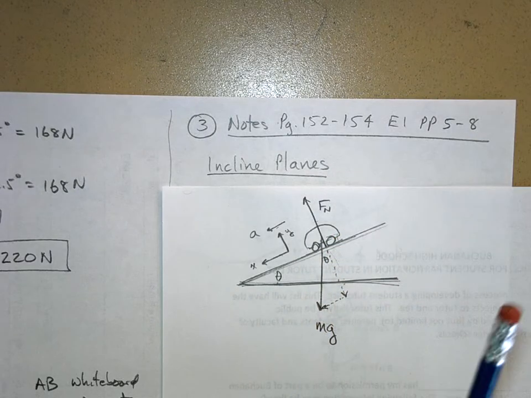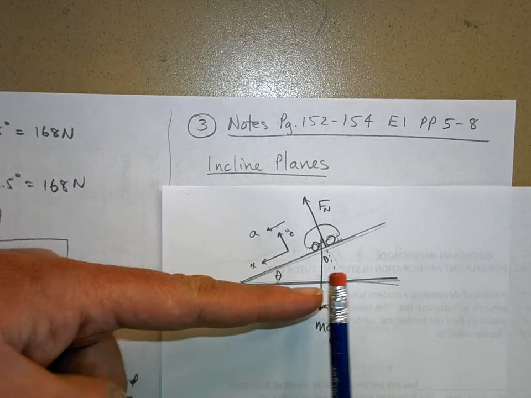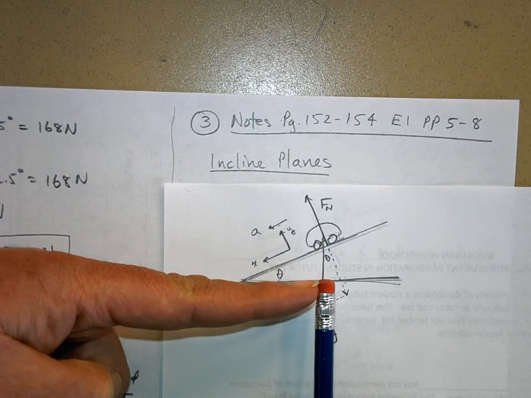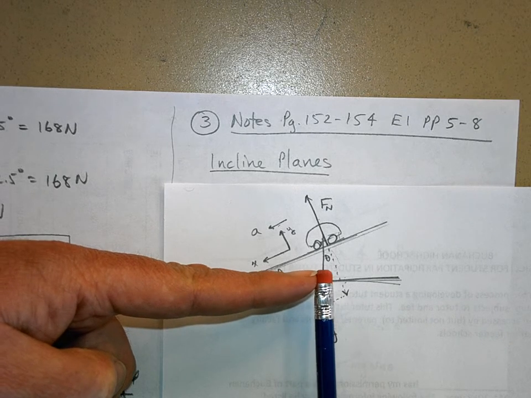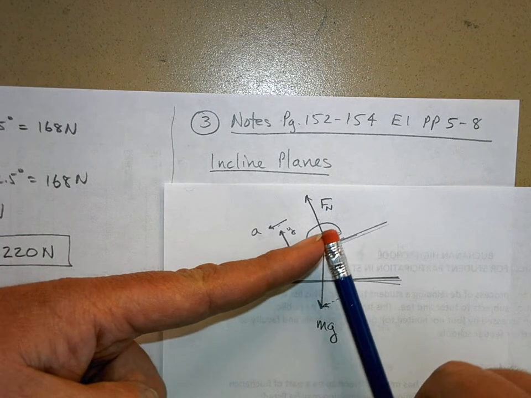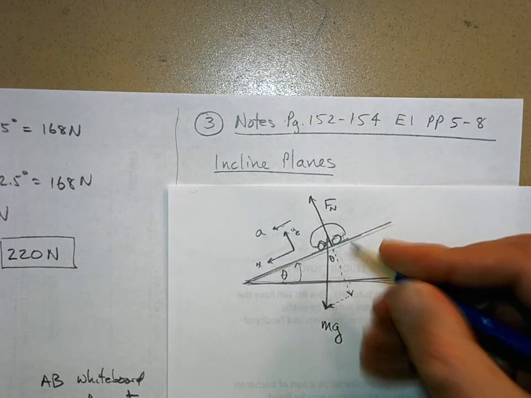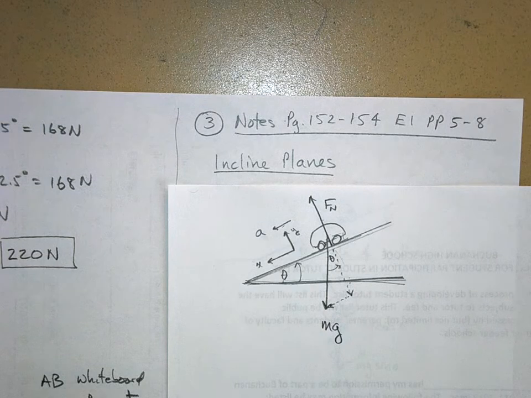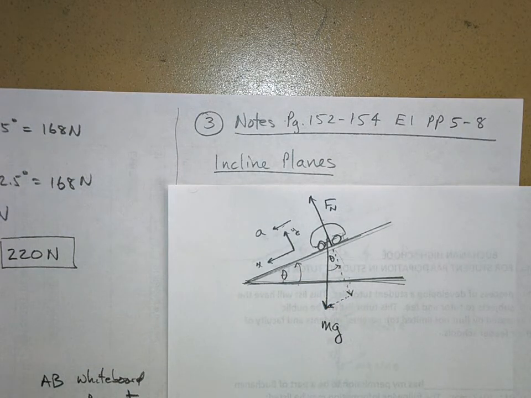If the angle of incline was 0, the normal component of the weight would be straight down. But if I tilt this by theta, I think you can see that if I rotate this up by theta, this gets rotated up by the same angle. So this angle and this angle are the same.